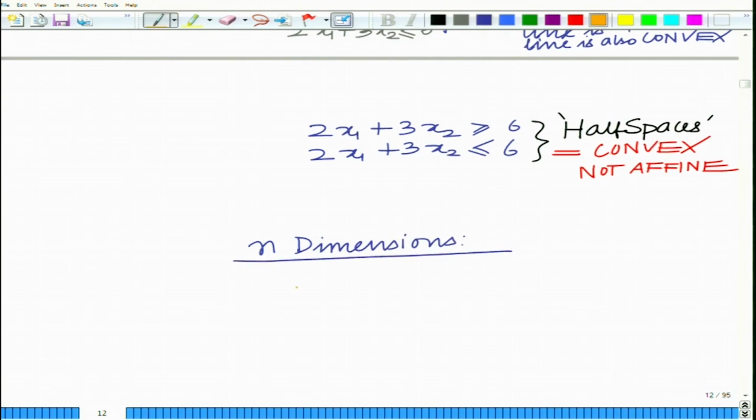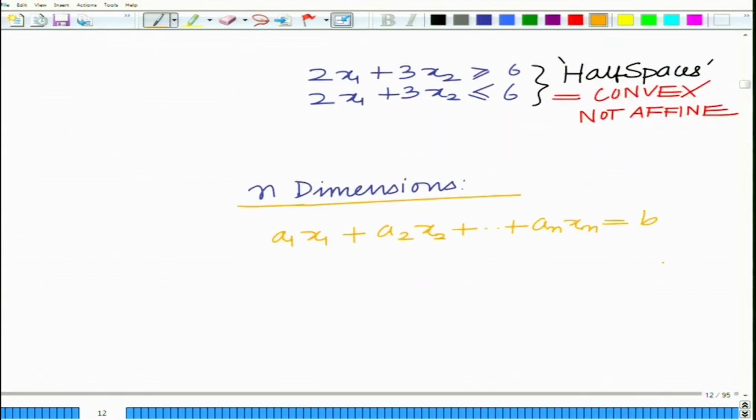Now, if you generalize this to n dimensions, one can consider an n dimensional equation of the form a1 x1 plus a2 x2 plus and so on up to an xn equals b, okay.